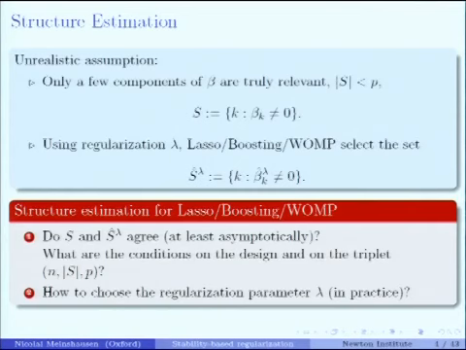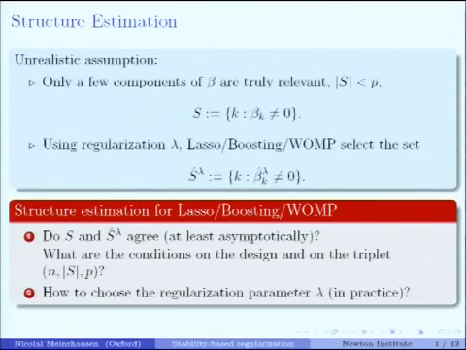And of course, the question you might have, in a toy example at least, is: suppose you have a set S of truly relevant variables, so the set of those coefficients which have a non-zero regression coefficient. How well can you estimate that set from the data with the method of your choice, given some shrinkage lambda?